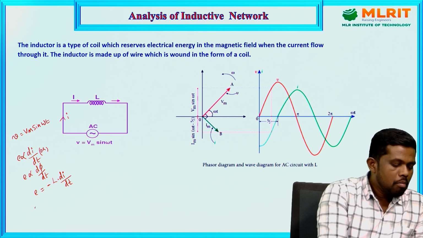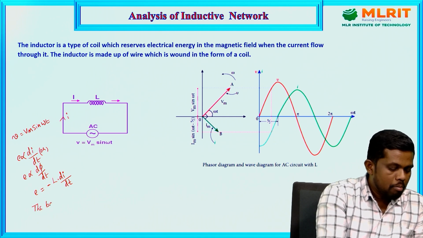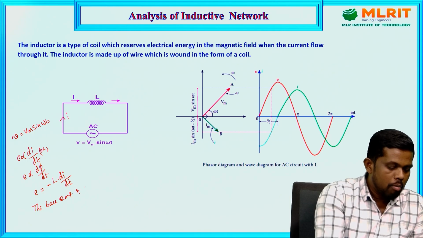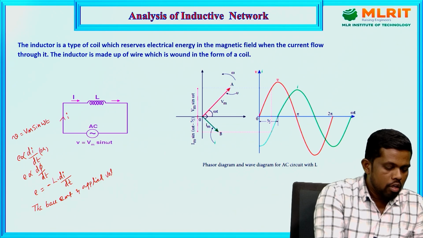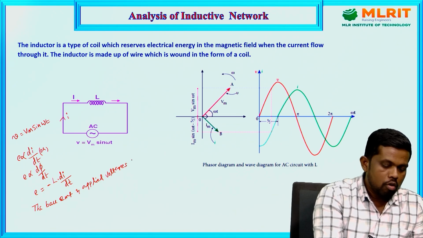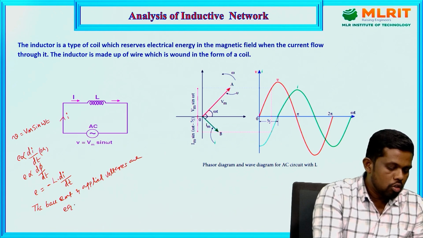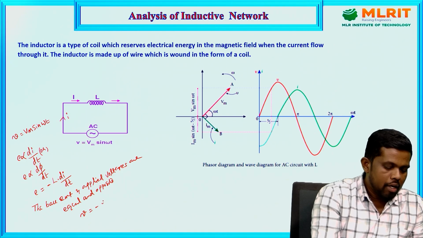The back EMF and the applied instantaneous voltage are equal and opposite. So v equal to minus e.